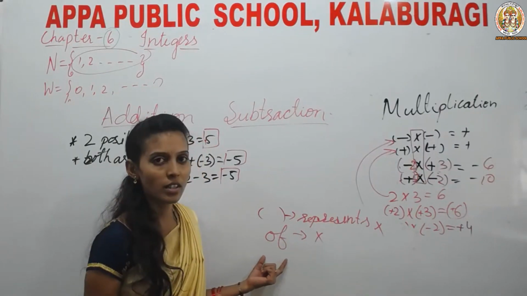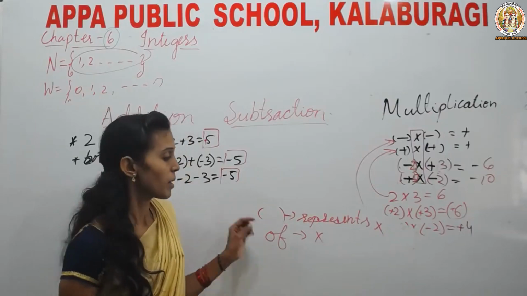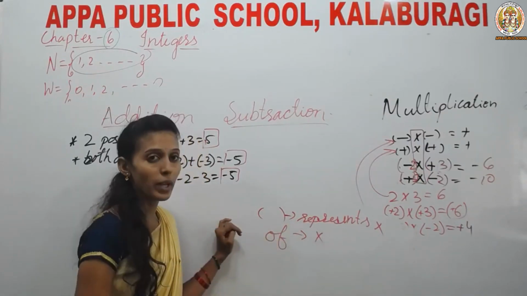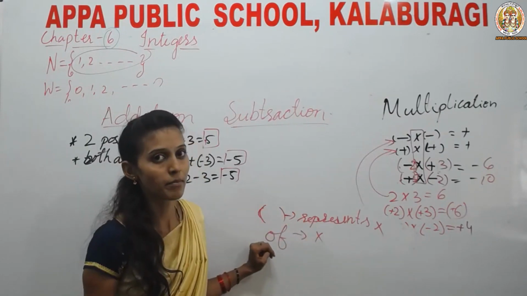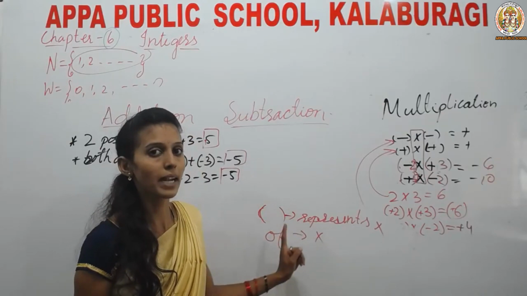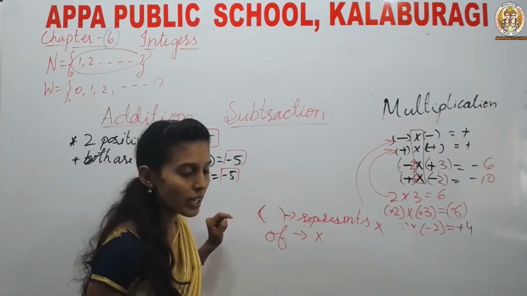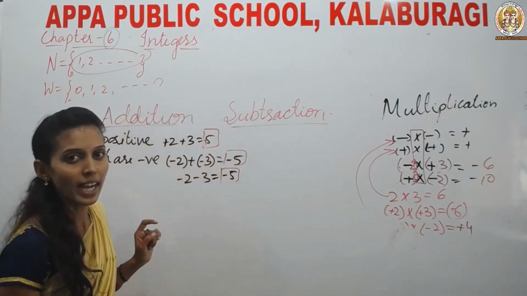So now I won't confuse you with this. Surely I will in the next year. But here, bracket, we have to use it. How and when, I'll say. Bracket represents multiplication, you should know that. That's why I said, bracket represents multiplication. Where we are using, I'll say that. While solving the exercise part, I'll surely show you where we are using.